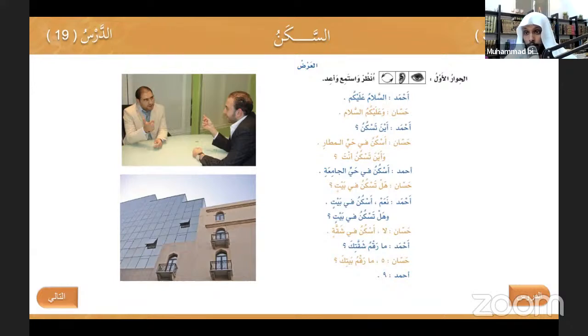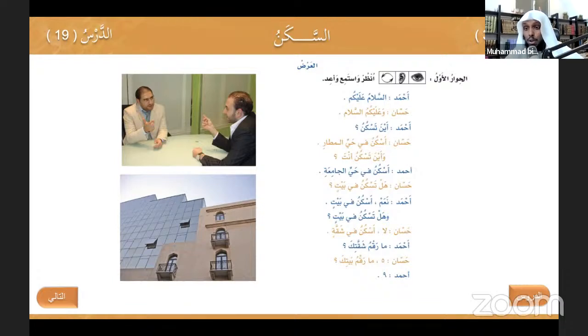أين محمد, أين النظارة, من أين أنت. But here we have أين followed by a verb. So he's asking not about the whereabouts of the verb, he's asking about where the verb took place or is taking place or will take place in the future, depending on the tense, obviously. Okay, so we can ask about a verb's whereabouts.